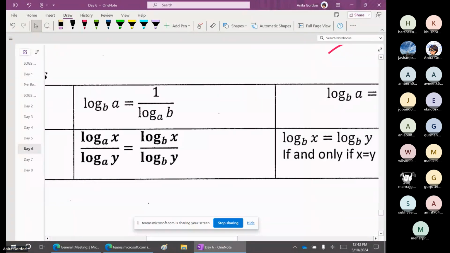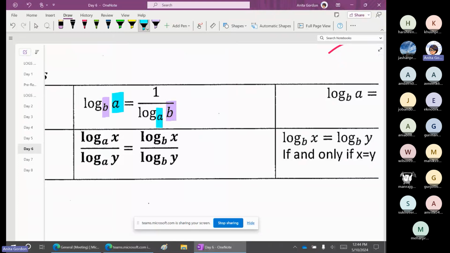Similarly, if you have log base b with an inside of a, and you take the reciprocal of that, reciprocal means put it under a 1, the base then goes on the inside and the a is now the base of the log.